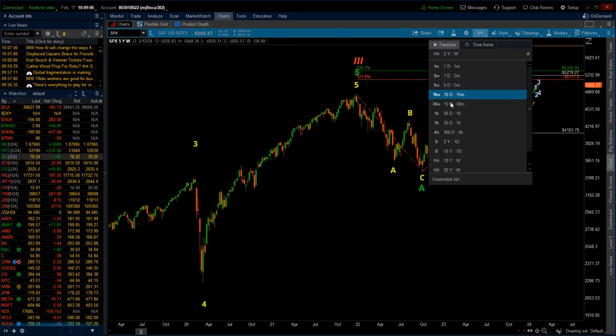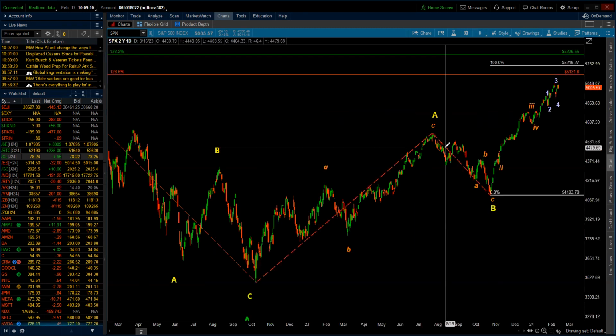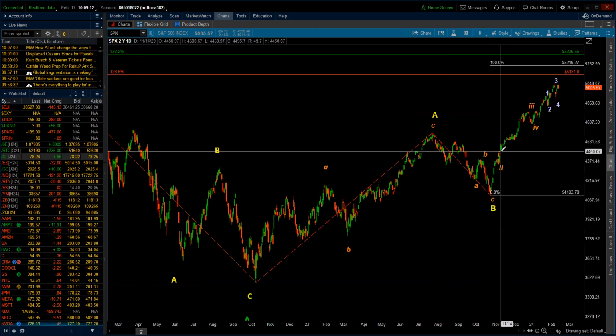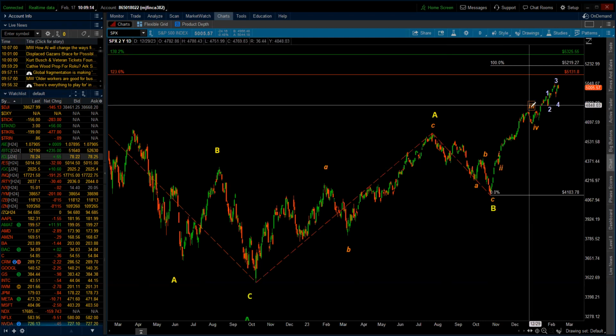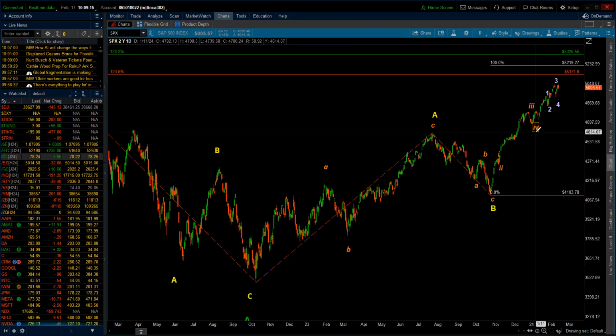I'm going to bring this down to my daily chart. And those five waves of minor degree will be labeled 1, 2, 3, 4, 5. And so we are within minor wave 5 of intermediate wave C of primary wave B. So we're within this final leg up. So within minor wave 5, it will consist of five waves of minute degree.